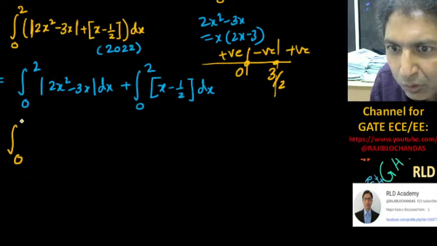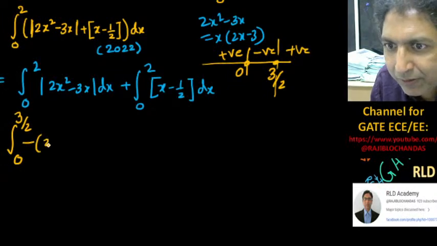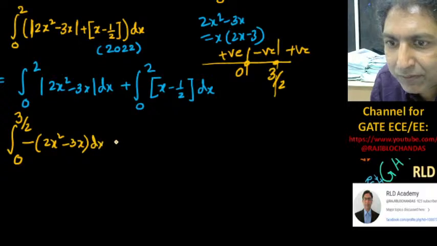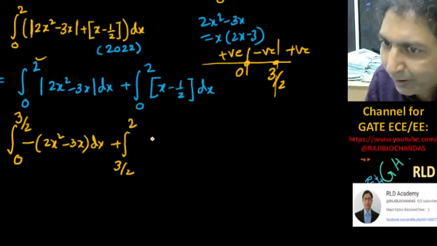So it is 0 to 3 by 2, and that time it is negative. I should replace it by multiplying by a minus sign: minus of 2x square minus 3x dx. And then the next one is 3 by 2 to 2, only up to 2, not up to infinity.